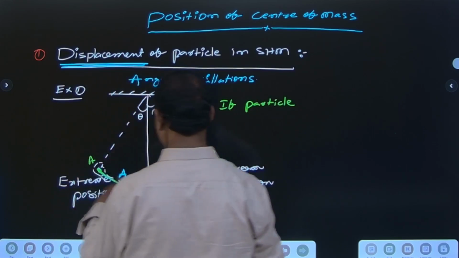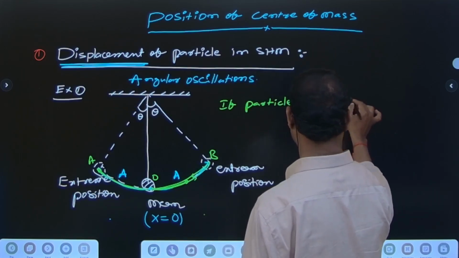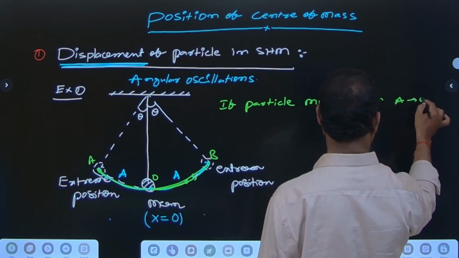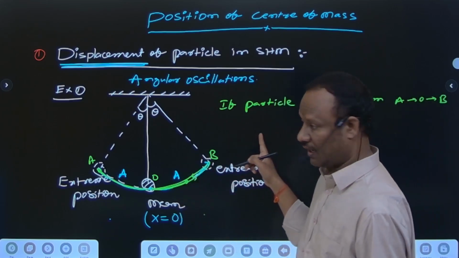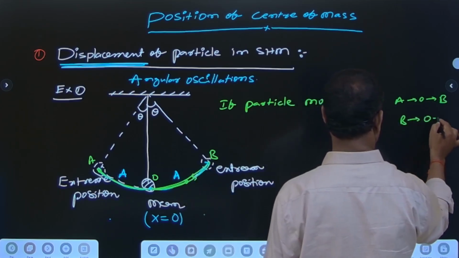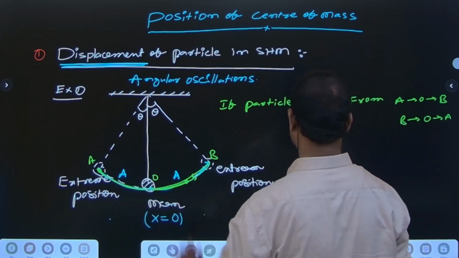Okay, if a particle moves from which point? From A to O to B, again from B to O to A and reverse, it came to the same point.